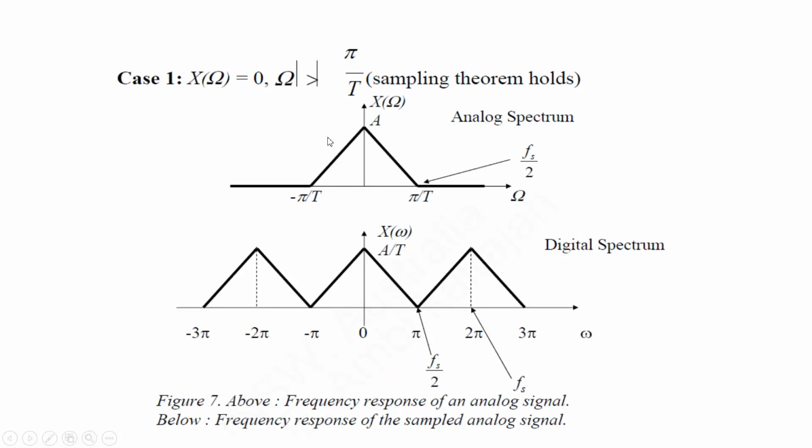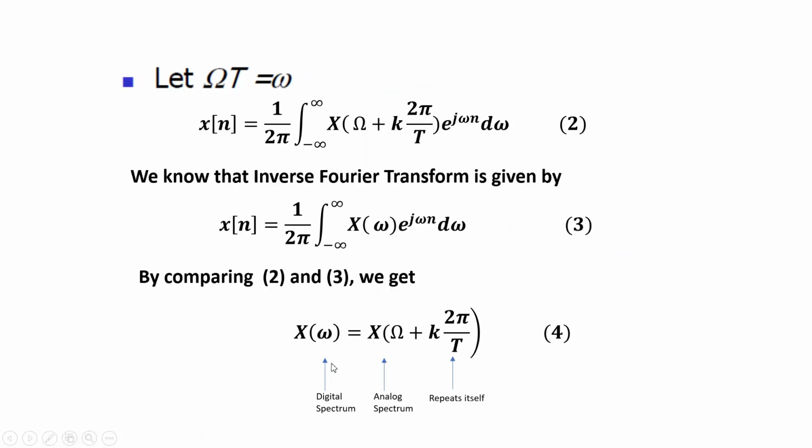And if this is the analog spectrum and we do the analog to digital conversion, now in the digital domain, the x-axis will be small omega, which is the digital frequency. This is the digital spectrum, because this expression, equation 4, actually relates the digital spectrum with the analog spectrum.